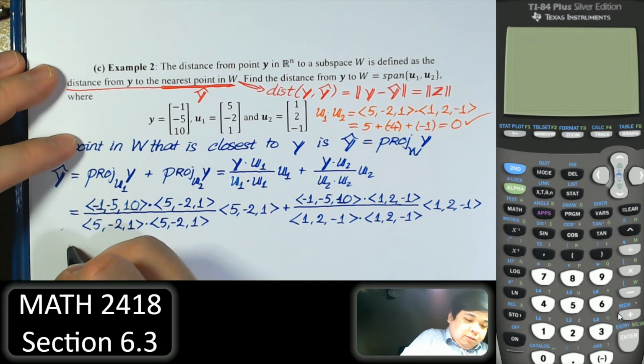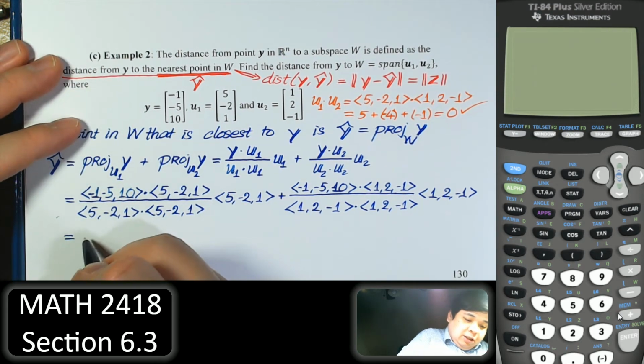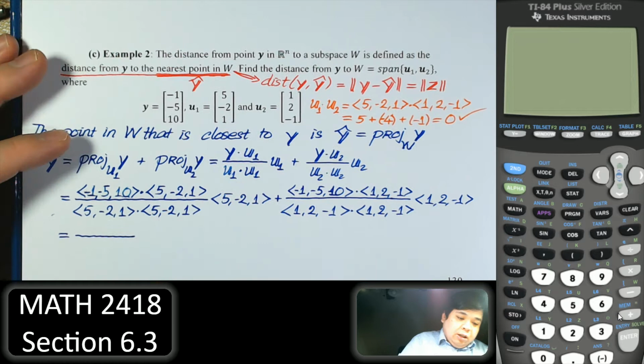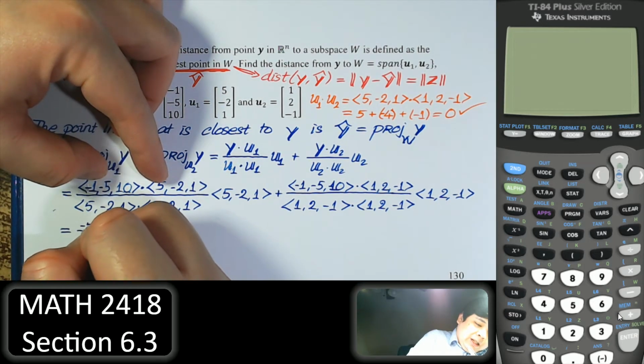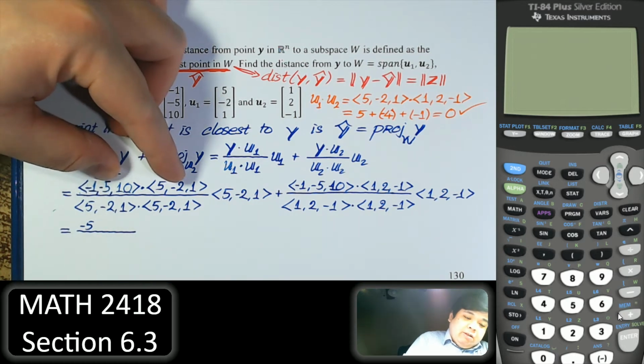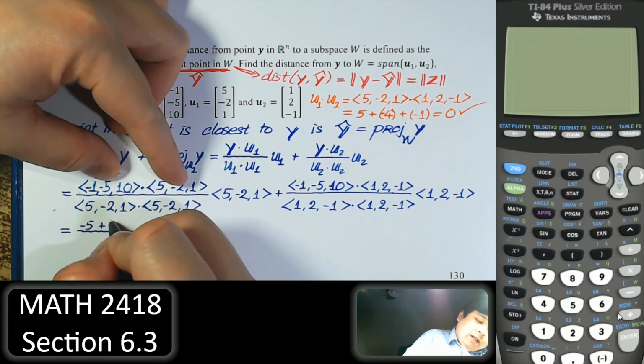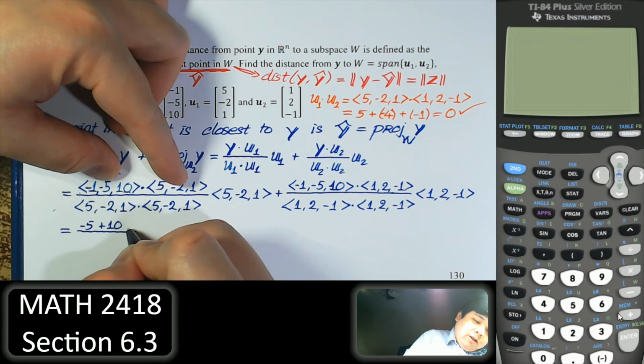So negative 1 times 5, negative 5 times negative 2, that's plus 10, and plus another 10.